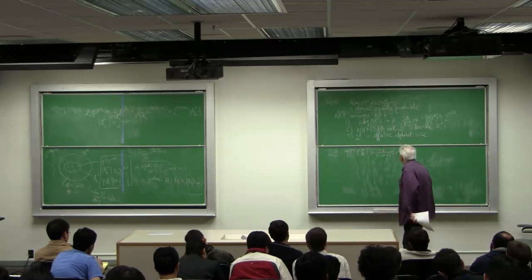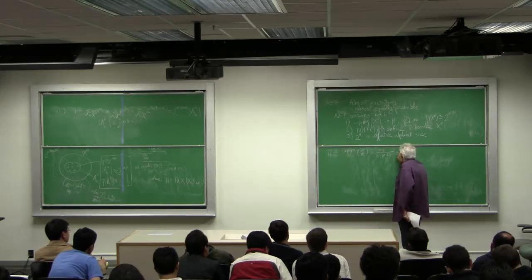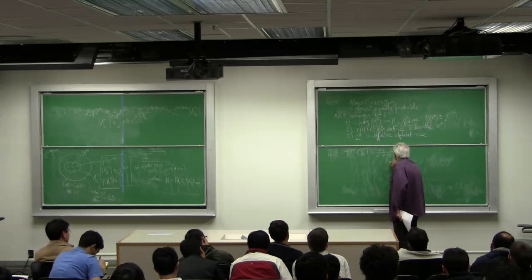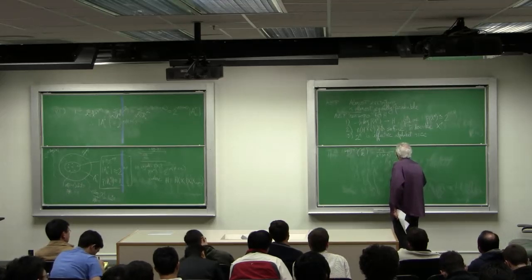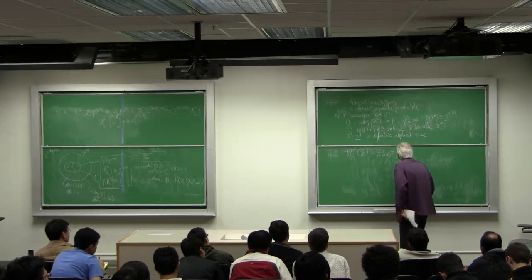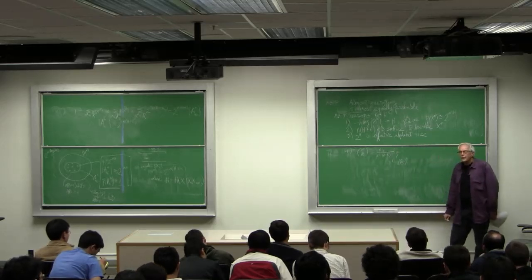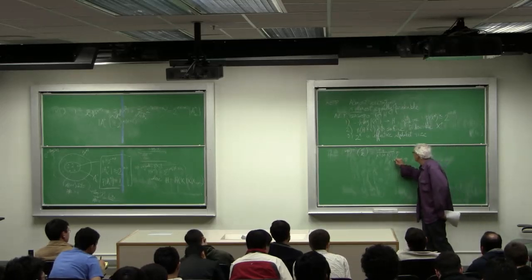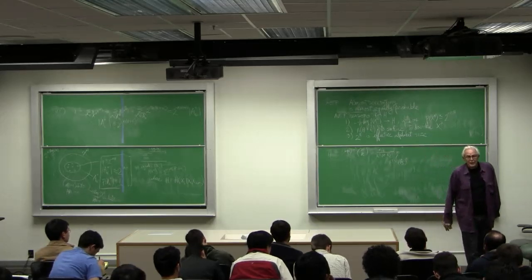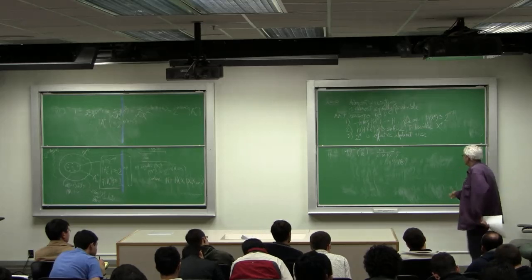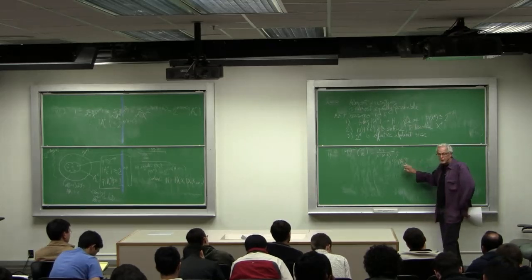Now, let's use the fact that N factorial is equal to N over E to the N. That's not quite true. This is due to Stirling's formula, and you can get tight upper and lower bounds, and this is true to first order in the exponent.